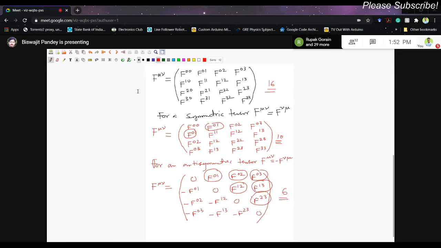Since we know how a second rank tensor in 4 dimensions transforms from one inertial frame to another, we will transform a second rank tensor from one inertial frame to another, and then compare these 6 distinct components between the 2 frames, and compare those equations with the transformation equations of electric field and magnetic field, which we have already derived from the transformation of Lorentz force earlier. So the transformation of a second rank tensor, okay, let us go to the next page.